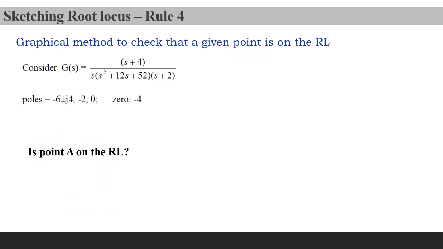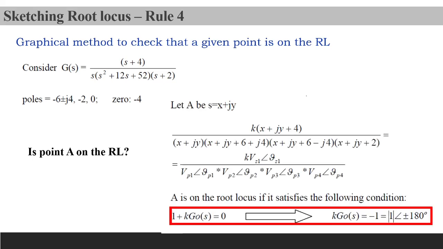If I want to check whether a point A lies on the root locus or not, I'm going to assume that A equals x comma y, in which y represents the imaginary axis, is a point on the S plane. So this is a point A on the S plane, and I want to check whether it lies on the root locus or not.